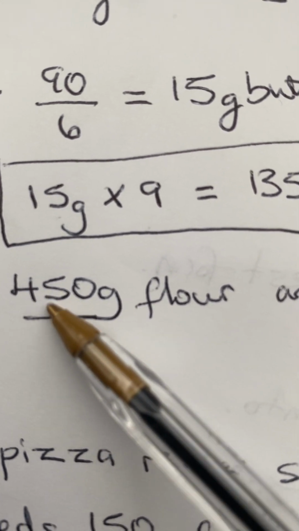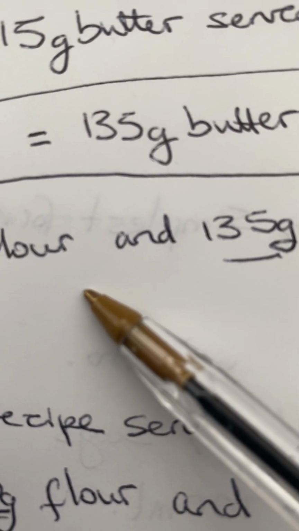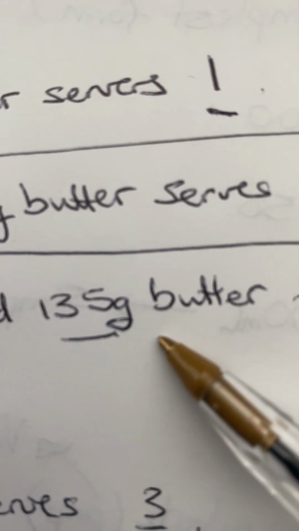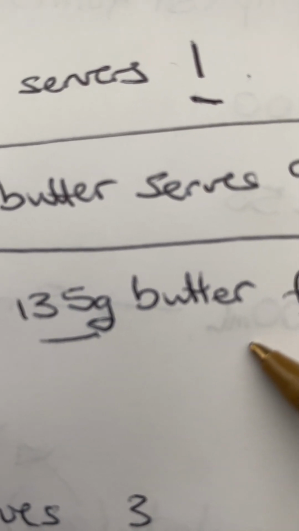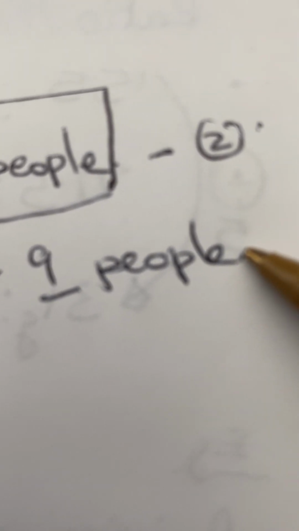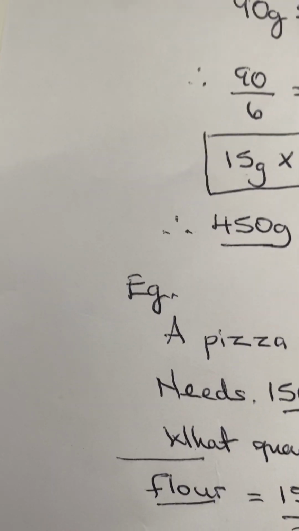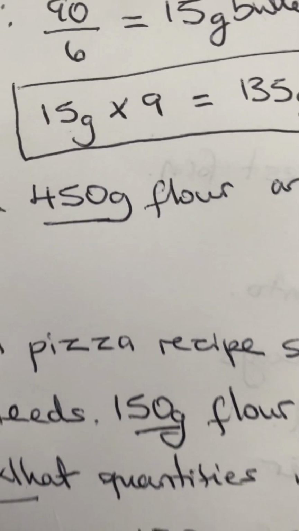I'm going to use 450 grams of flour and 135 grams of butter to prepare my recipe for 9 people. I hope I'm clear on that. Okay, let's look at the next example.